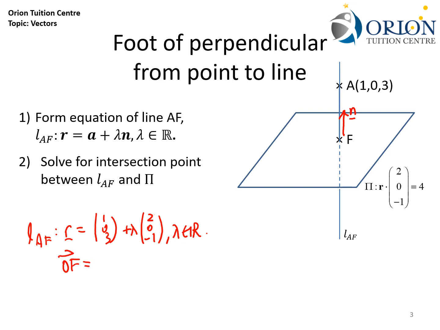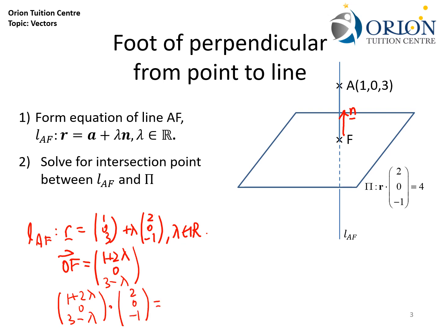So we can say that OF will have coordinates (1 + 2 lambda, 0, 3 - lambda), and since OF lies on the plane, (1 + 2 lambda, 0, 3 - lambda) dot (2, 0, -1) must equal 4.